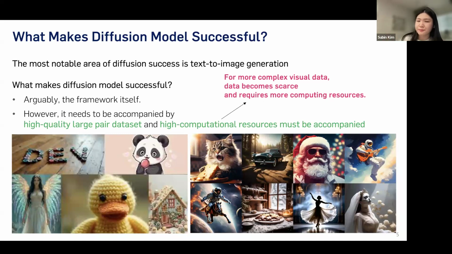When applying this framework to higher dimensional synthesis like videos or 3D scenes, the data becomes more scarce. Collecting high quality data is much more difficult compared to images, and it requires more computational resources to deal with higher dimensional data.